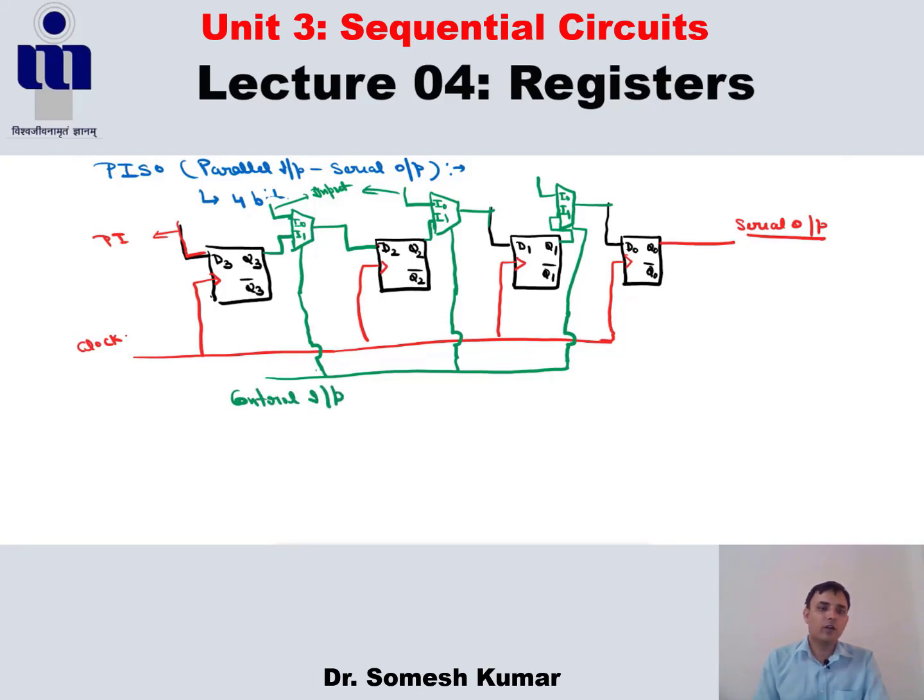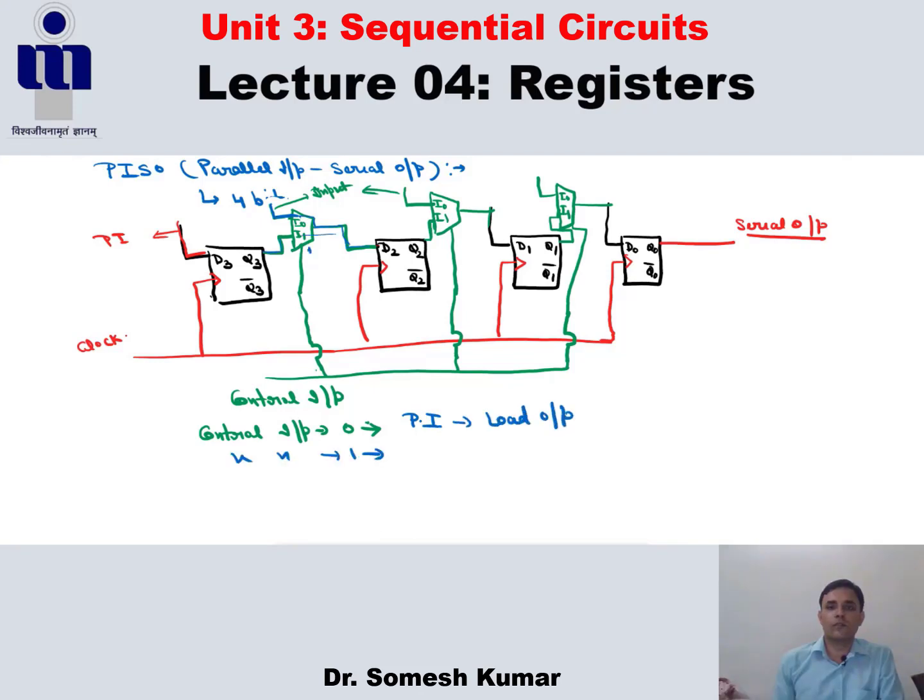If our control input is 0, what happens in this case? If this control input is 0, meaning the select line is 0, then this I0 is directly connected here. So which operation is performed? Parallel input operation is performed. Sometimes it is also called the load operation.